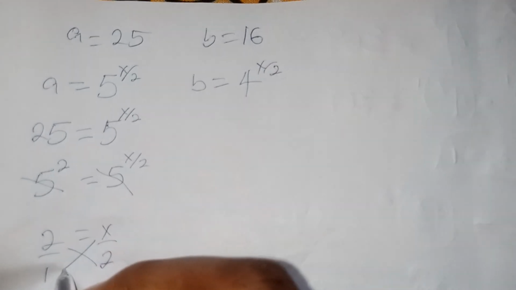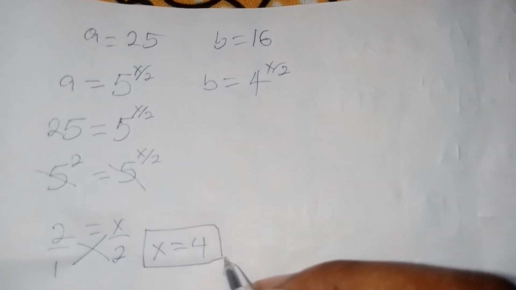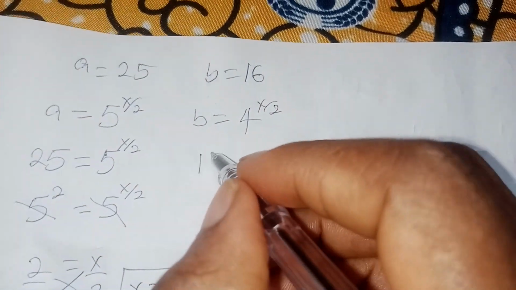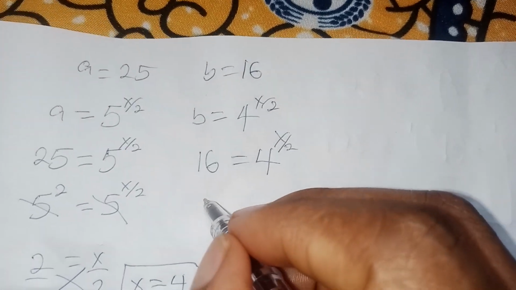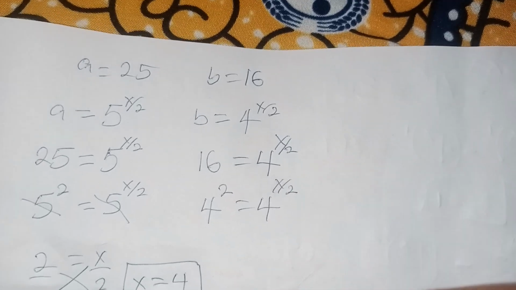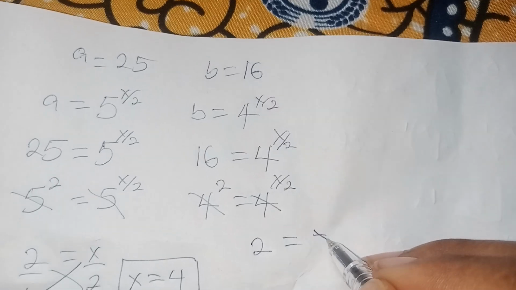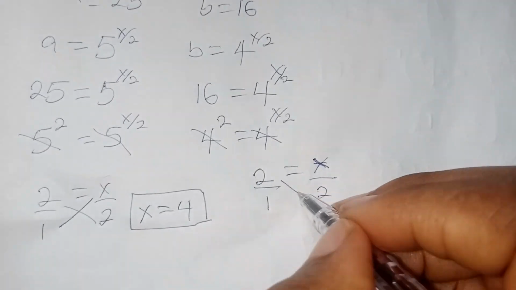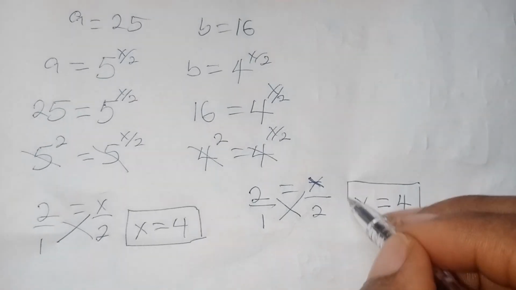We cross multiply, and we have our x to be 4. So let's look at this other one. Our B is 16. So we have 4 to the power of 2, 4 to the power of x over 2. This strikes out, and we have 2 equals x over 2. Cross multiply, and then we have our x to be 4 as well.